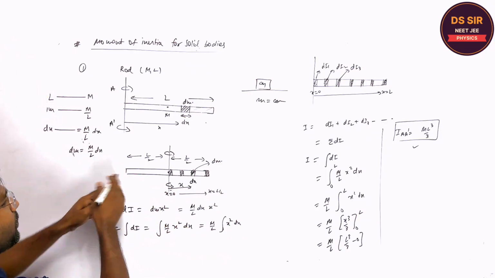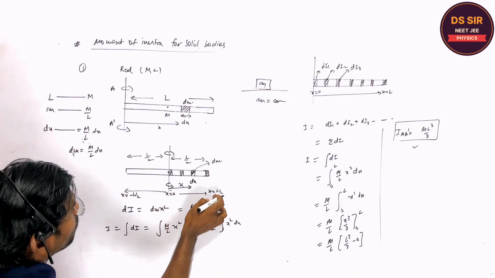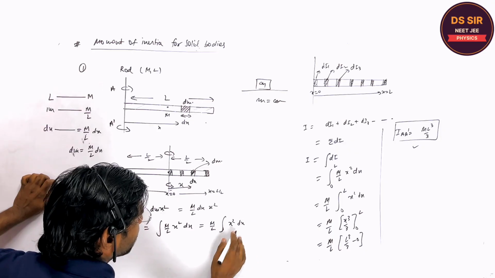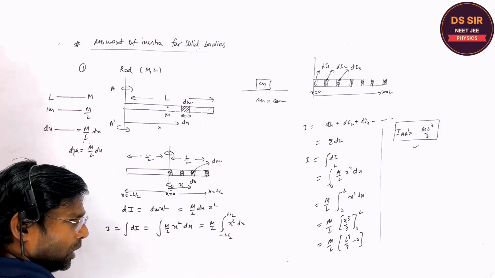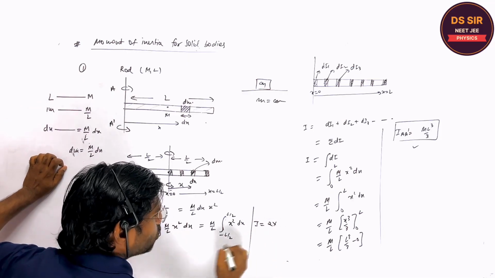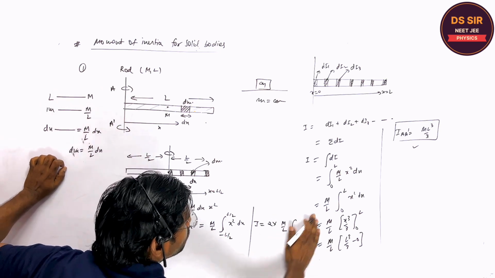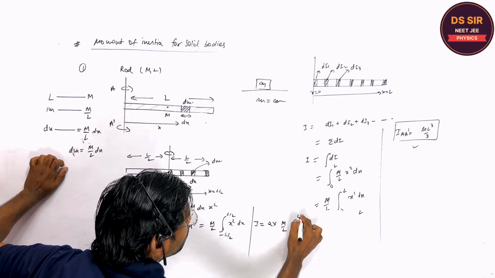Rather the elements are present from x equal to minus L by 2 to L by 2. So either you choose the limit from minus L by 2 to L by 2, you can get the answer, or the moment of inertia may be written as 2 times m by L integral from 0 to L by 2 of x square dx. Are you getting or not?